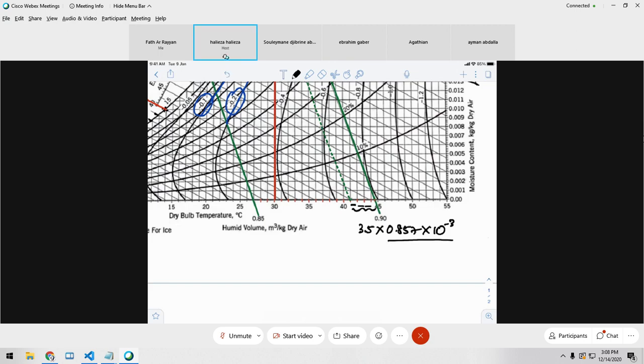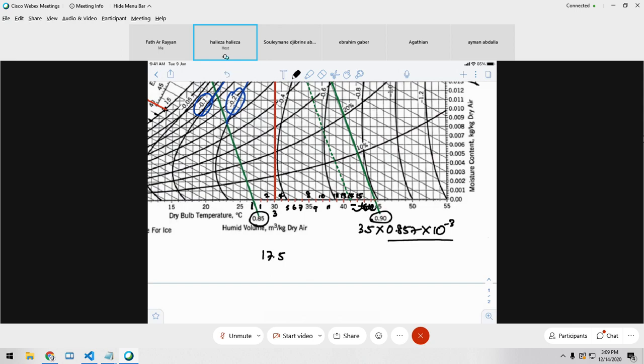Okay, yeah, let's count. 1, 2, 3, 4 intervals. Count the intervals. 5, 6, 7, 8, 9, 10, 11, 12, 13, 14, 15, 16, 17. Remember, it's about 17.5. 17.5 intervals is from the value of 0.05 to the value of 0.09.